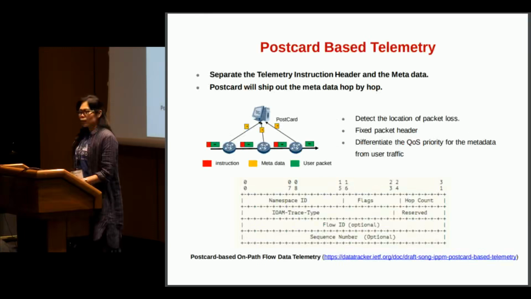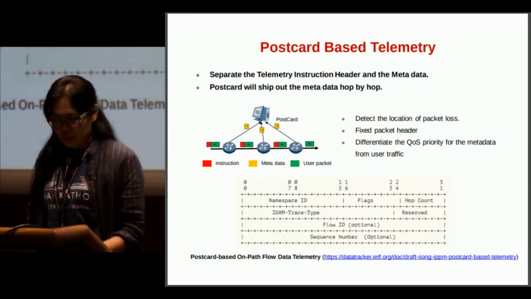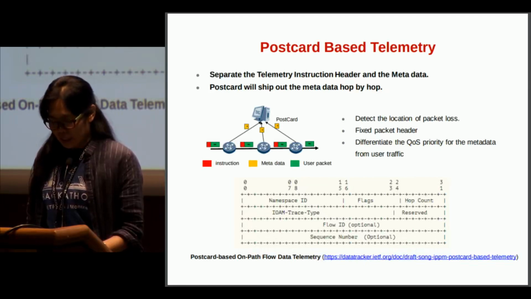As we know, 4 data types have already been defined in the IETF draft IOAM data, including 2 tracing types, 1 POT and the last is the E2E type. Now we will define another new tracing type, which we call postcard-based telemetry.